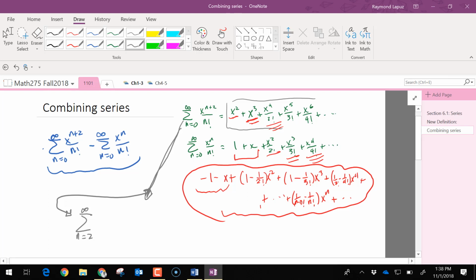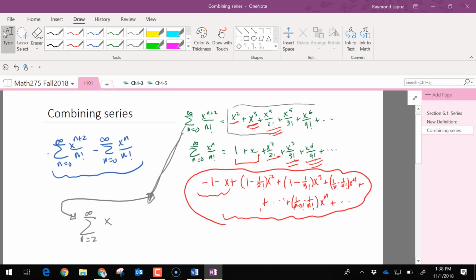Add 1 to the n? Just 1? So my first one should be 2, right? n is equal to 2. So my first one is n is equal to 2. So this would just be n. And then this would be, I want this to be 0 factorial or 1 factorial, so I can write it like this, shifting the indices.